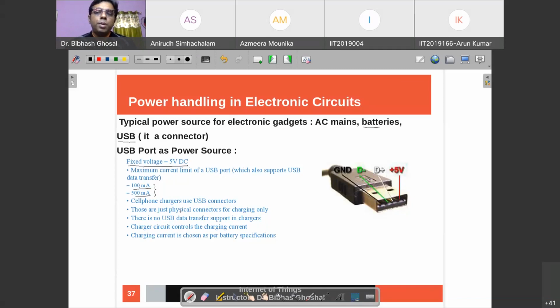So a USB power source is good enough to provide the 5 volt supply to the entire power line of your electronic circuit. And once the board on which your electronic circuits or ICs have been fabricated gets the 5 volt supply, now you can work with that. So 2 lines for data transfer and 1 line for the power line. This is a typical USB connector.